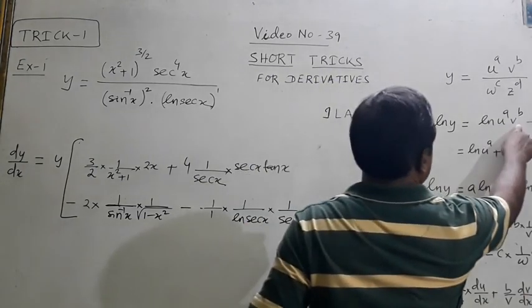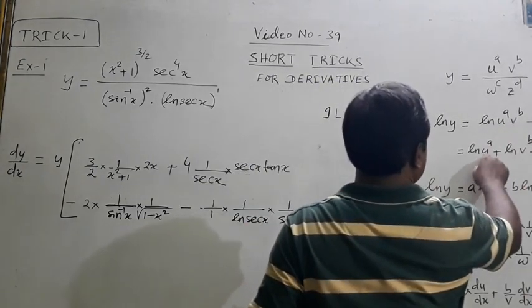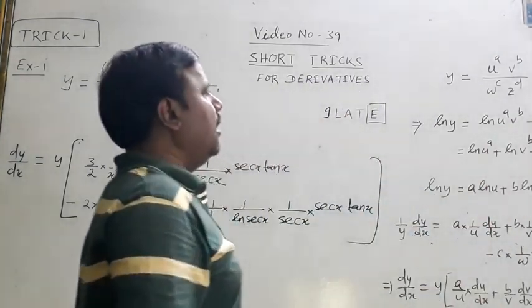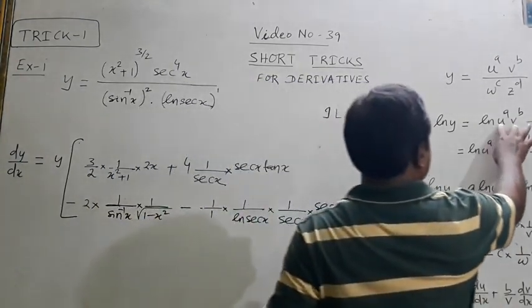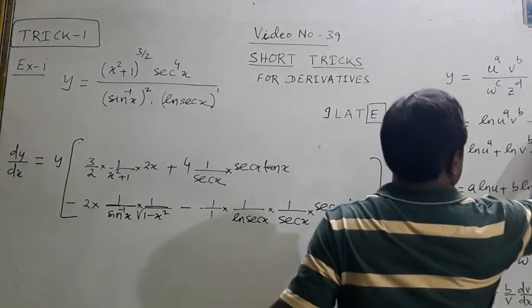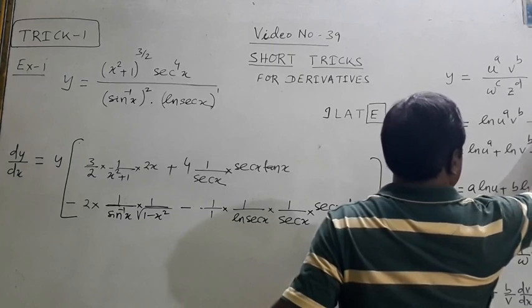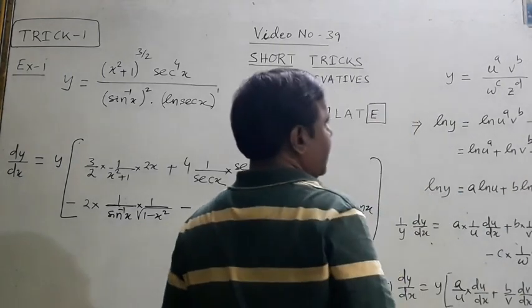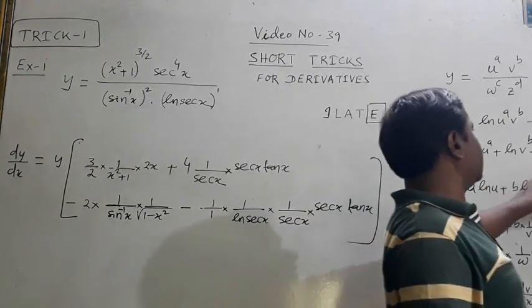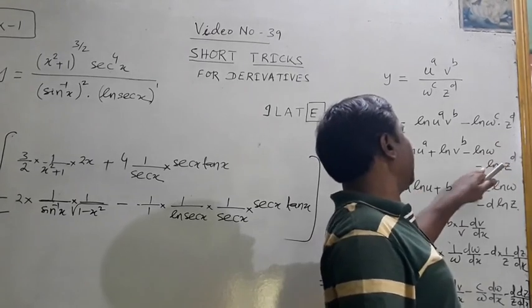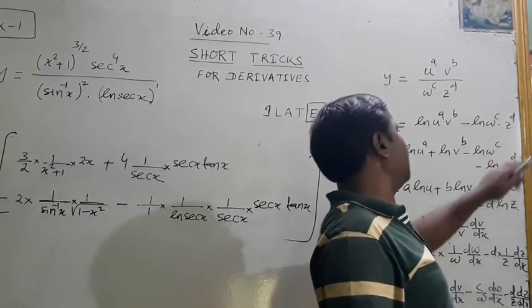And for this, you write ln u to the power a plus ln v to the power b, since ln ab is ln a plus ln b, minus ln w to the power c plus ln z to the power d.